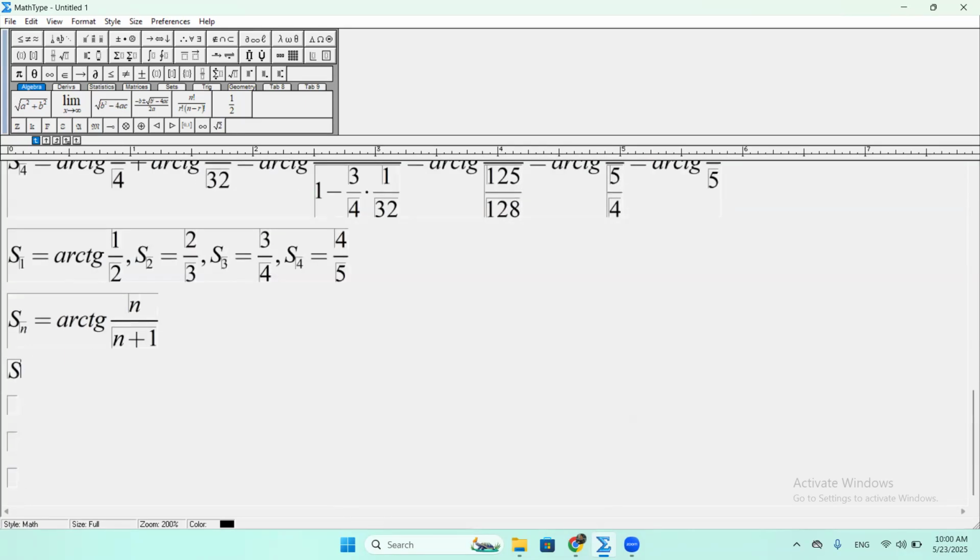So we need to prove that S(n+1) will be equal to Sn plus the (n+1)th term. So plus, okay, here will be n plus 1 and here n plus 2.